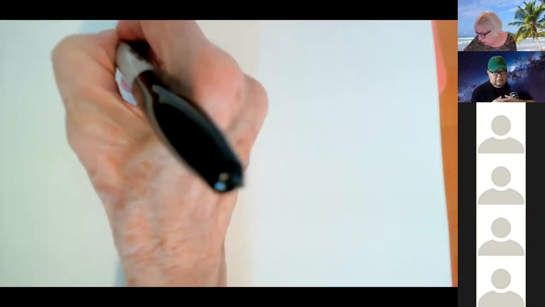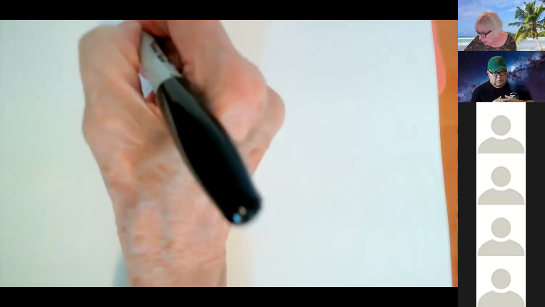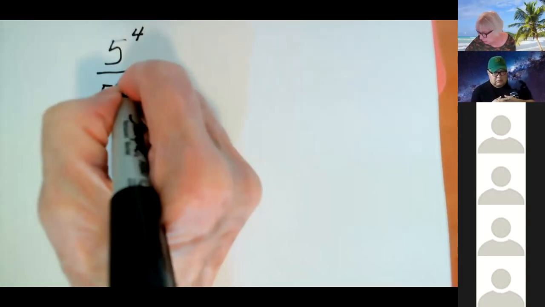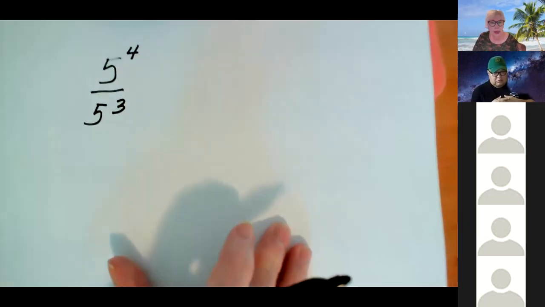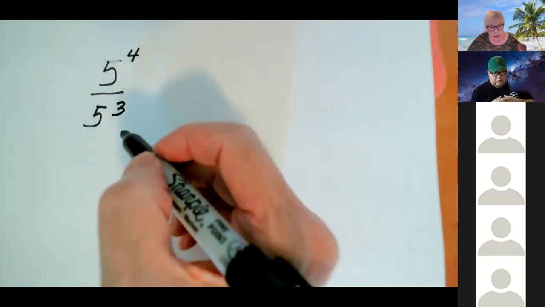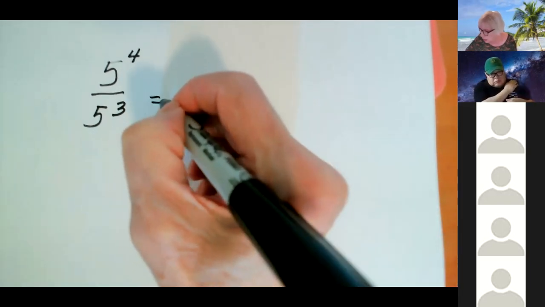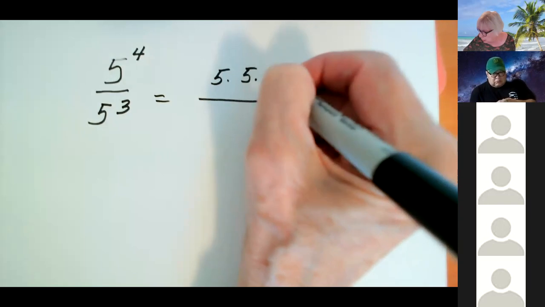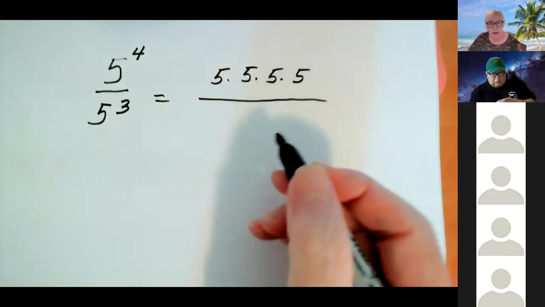So what I'm going to try is an example like this. Now, this is division, and this is 5 to the 4th, 1, 2, 3, 4, right?